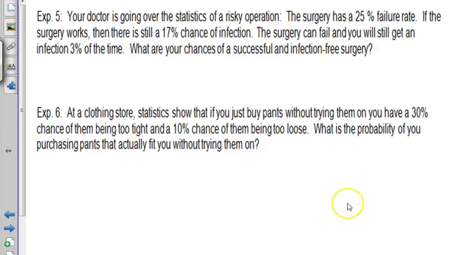Your doctor is going over statistics of a risky operation. Oh, this question just kind of hurts. Surgery has a 25% failure rate. If the surgery works, there's still a 17% chance of infection. The surgery can fail and you can still get an infection 3% of the time. What are your chances of a successful infection-free surgery?